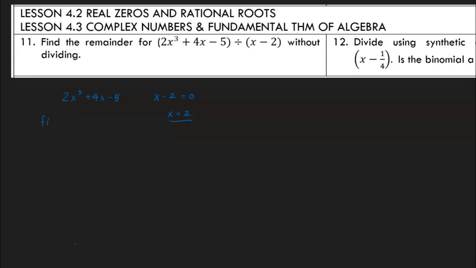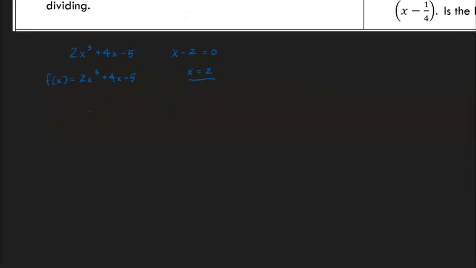So, for example, if this was the function, like that, and if I inputted a 2 in here, that's going to be 2 times 8 plus 8 minus 5.